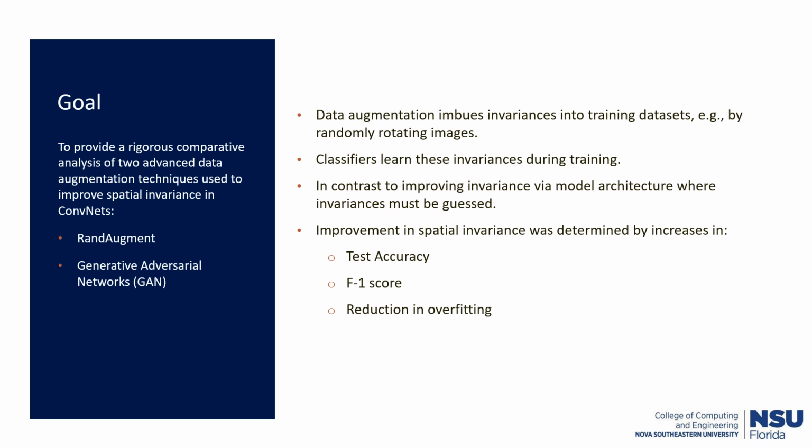Data augmentation is a technique that's used to basically imbue invariances into training data sets. And then the ConvNet, which would be trained on these data sets, would learn these invariances during training, right? In that way, the model's architecture doesn't have to specifically cater for every single invariance during design time, right?